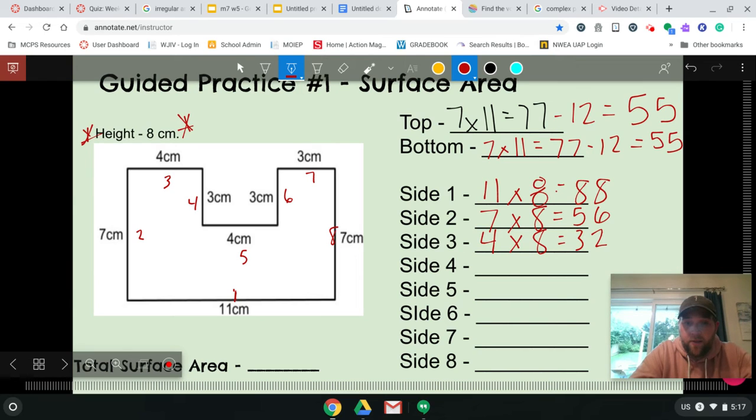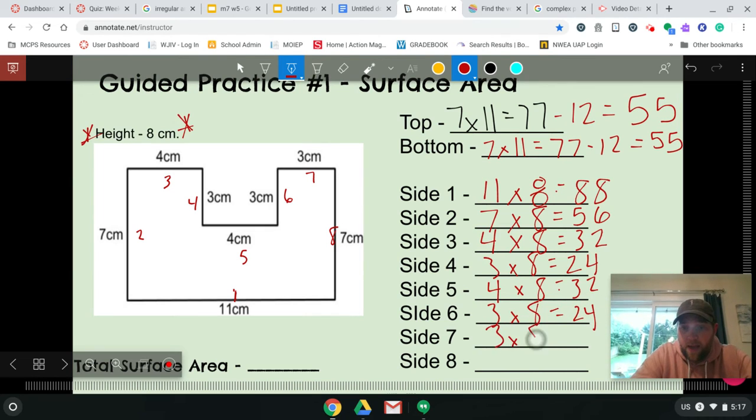Side 4 is 3 centimeters times 8, our height, which is 24. Side 5 is 4 centimeters times 8, which is 32. Side 6 is 3 centimeters times 8, which is 24. Side 7 is 3 centimeters times 8, which is 24. And finally, side 8 is 7 centimeters times 8, which gives us a total of 56.